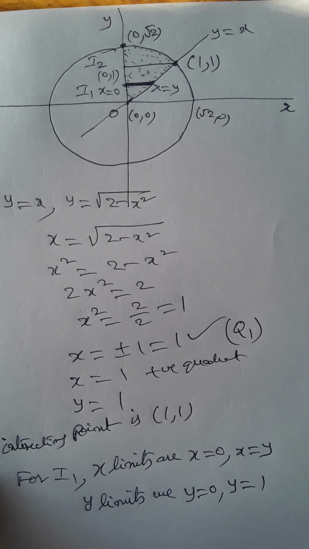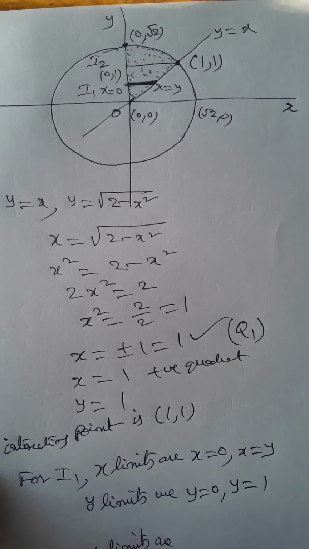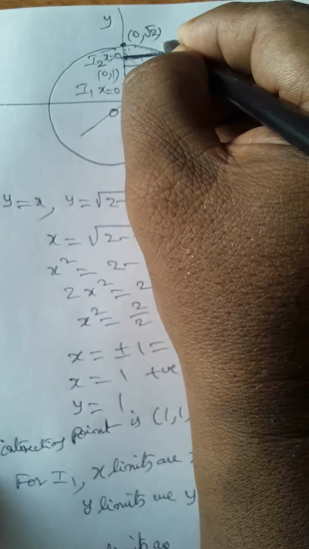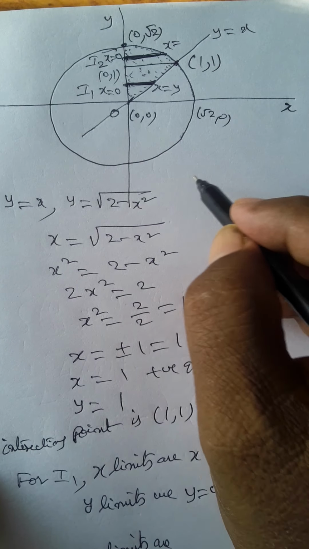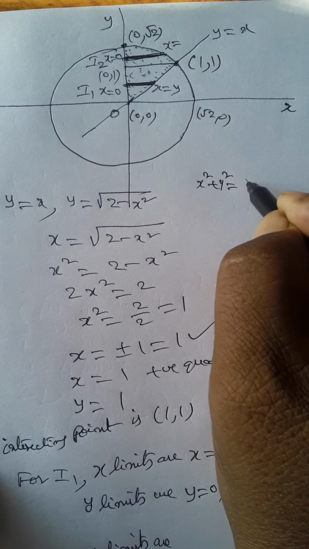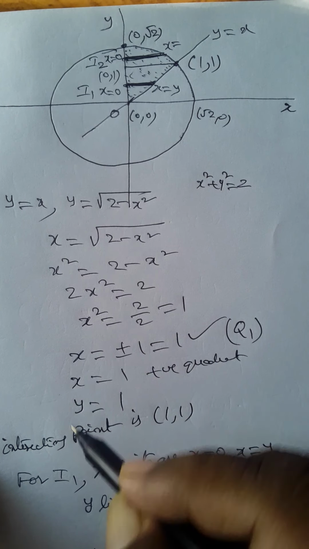For I2, x limits: take an elementary strip here. Here x is equal to 0. The relation between x and y is x square plus y square is equal to 2.